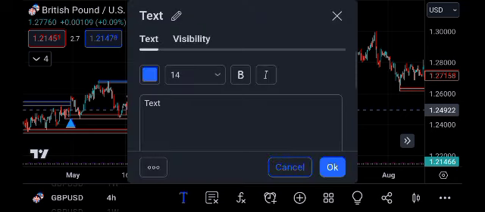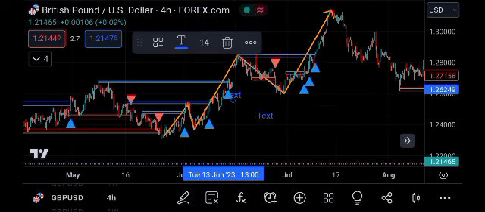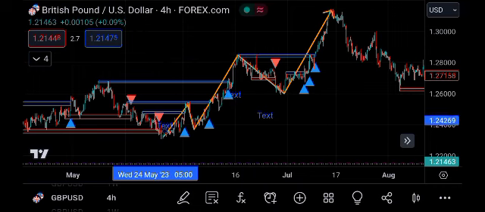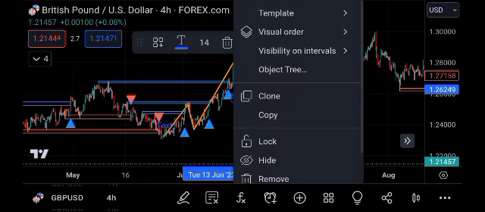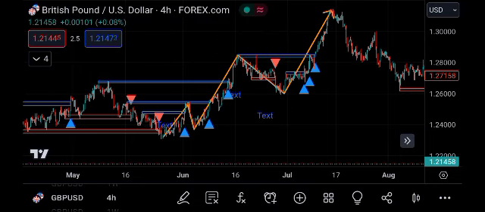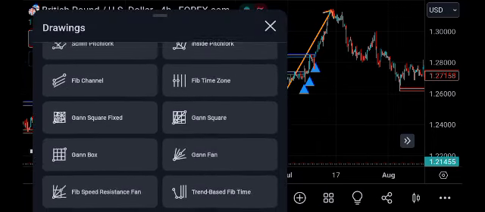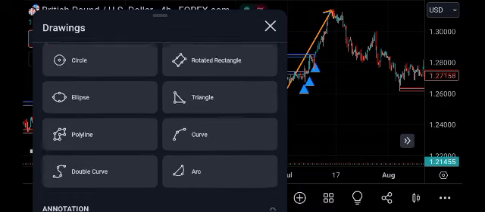Wait just a minute. For now we will not label. Let me just identify this zone.